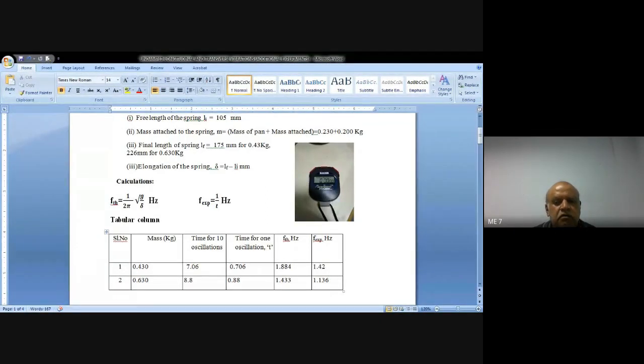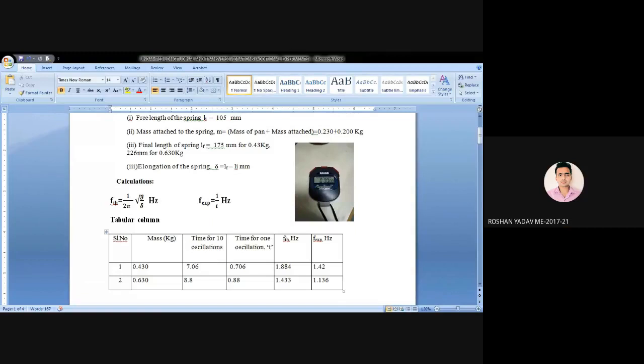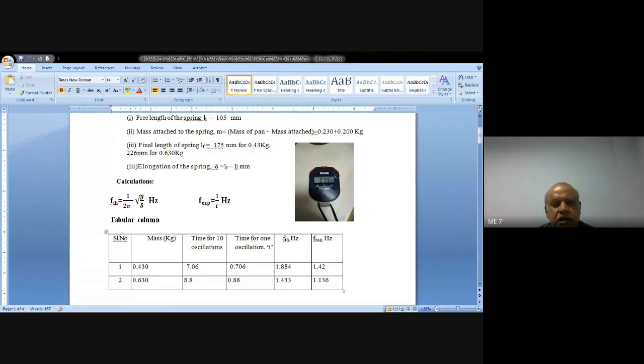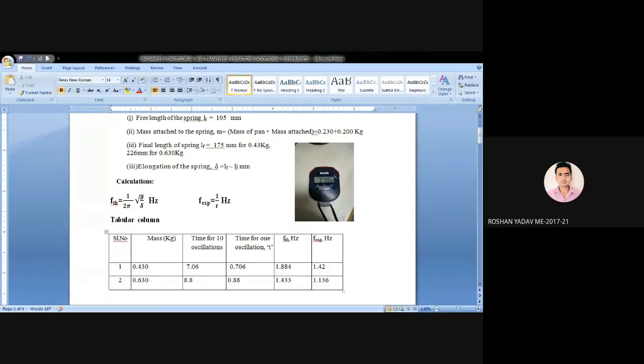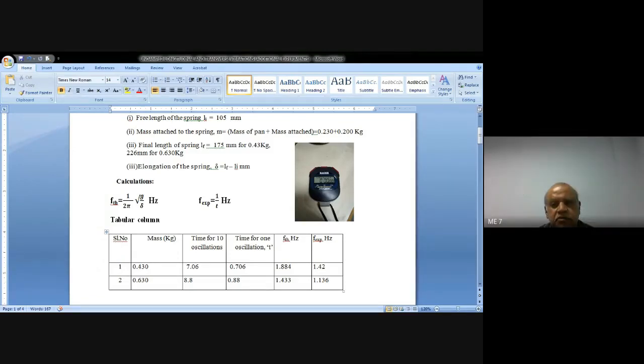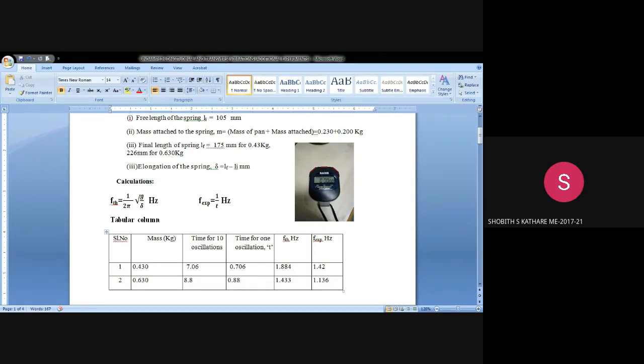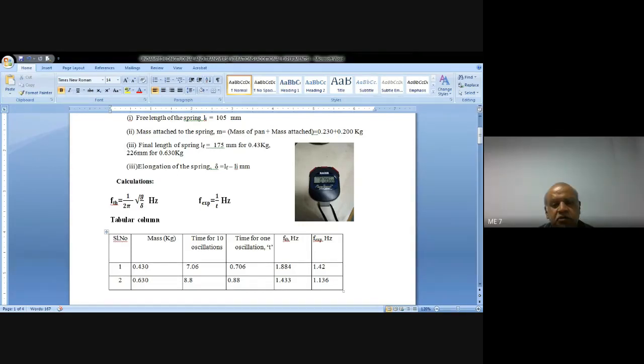Yes, sir. Roshan Yadav, are you getting it? Yes. Shobit Katare, what are the values? I'm doing calculations. You said yes, and now you are telling me you're doing the calculation. Hey, what is this? Can't you do it? You need so much time to do just one calculation. No, sir.